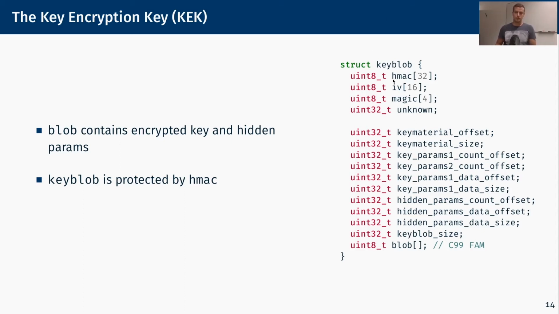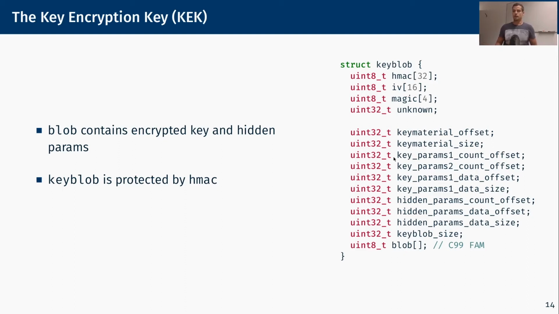And I want to draw your attention to the HMAC member at the very top here, and the blob member that you can see here at the very bottom. The HMAC, of course, protects the authenticity of the entire key blob, while in this blob member here, you can find the encrypted key material. It's, let's say, the bytes of an actual AES key, for example.